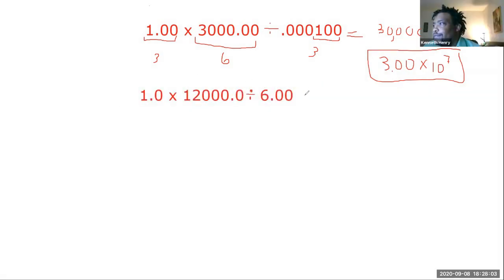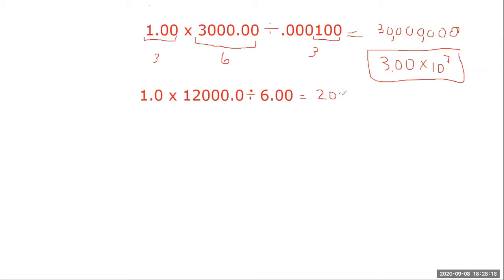So what did you get? 6.0? No. 2,000. Okay, so we have 2,000, right? In this case, how many sig figs do we have here? 2.